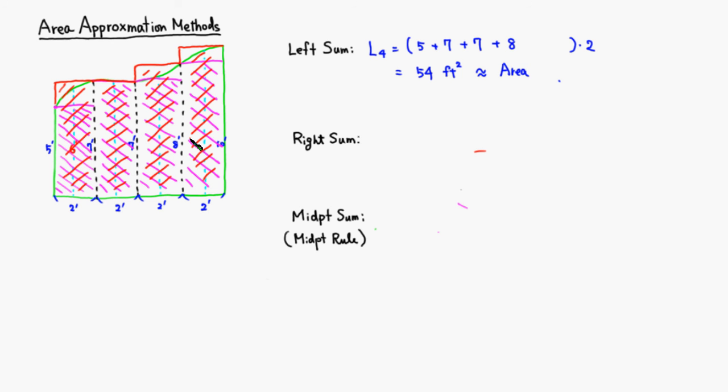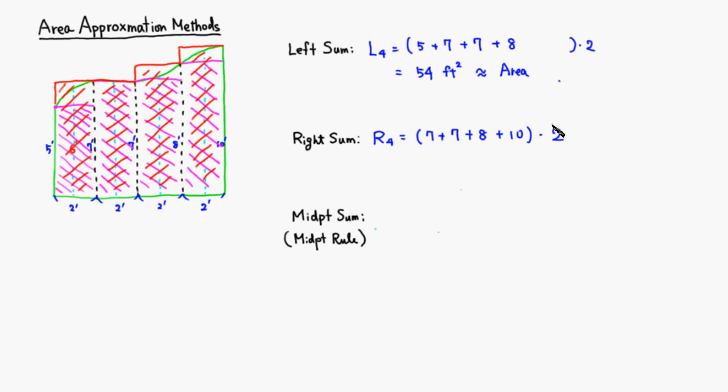The notation is the same, so it's a right sum, R sub 4, because there are 4 approximating rectangles. Then I add all those heights together: the first one is 7, the second is also 7, the third is 8, and the fourth is 10, times width, which is always 2 here.